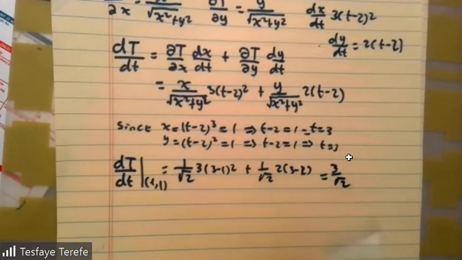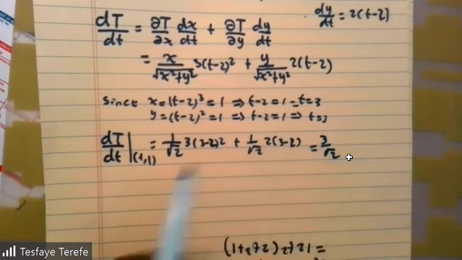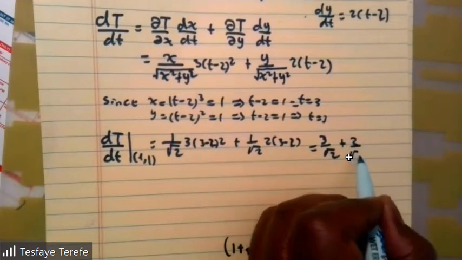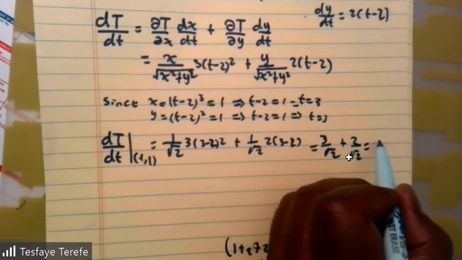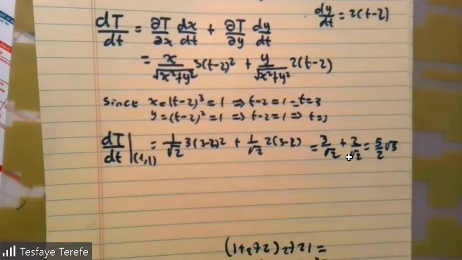I think that should be a 3 minus 2 squared. Yeah, 3 minus 2 squared, I'm sorry. Otherwise, I cannot get 3. Thank you. And plus, this is 2 over the square root of 2. And this will give us actually 5 halves square root of 5. So the bug is experiencing 5 over 2 times square root of 5 degrees as it passes through the point (1, 1) for every 1 unit movement in that direction.